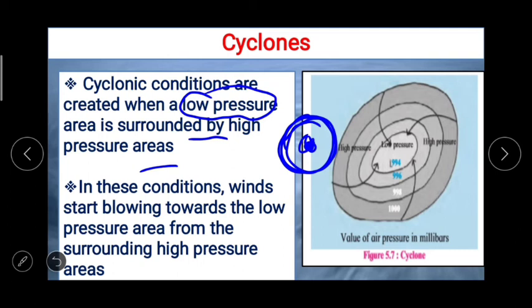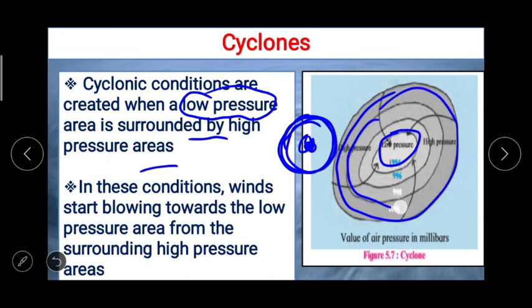Now here in figure 5.7 you can easily observe and understand this. Here this one low pressure area is surrounded by high pressure area, these are all high pressure and this is low pressure. So you can see in the figure the air and the wind start blowing towards the low pressure area, and which causes formation of cyclone.